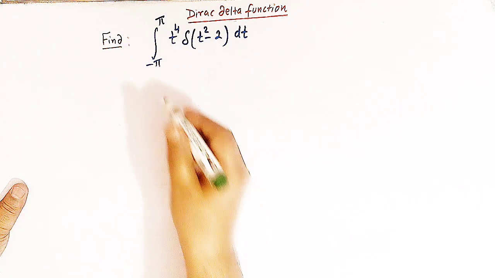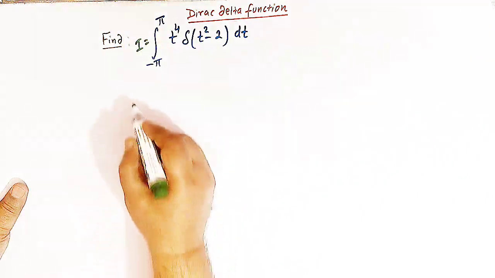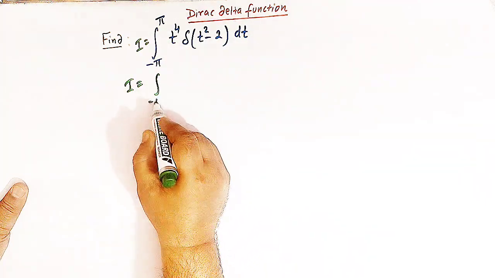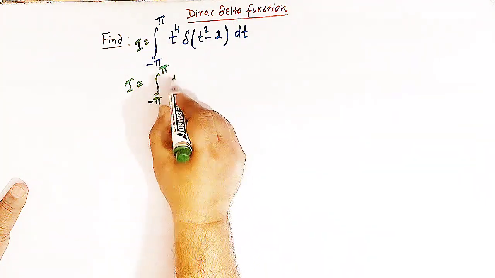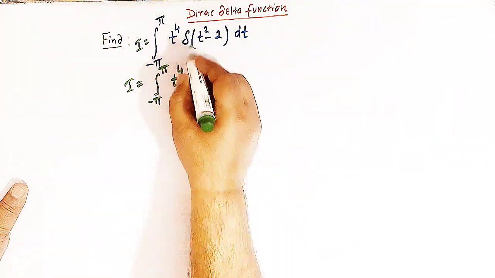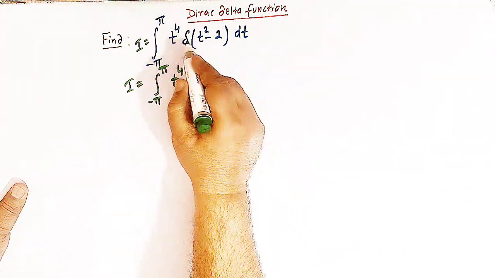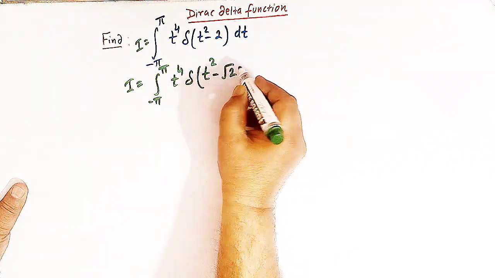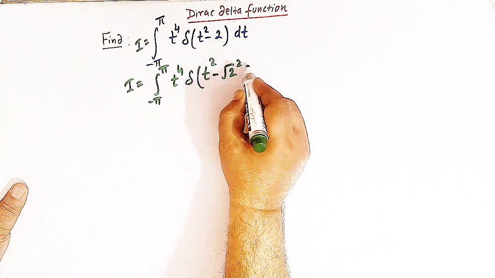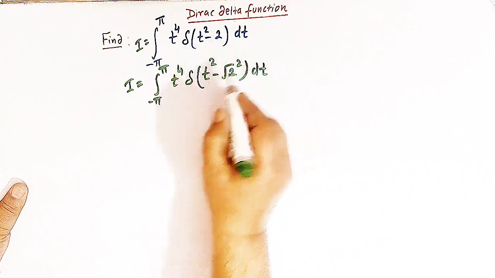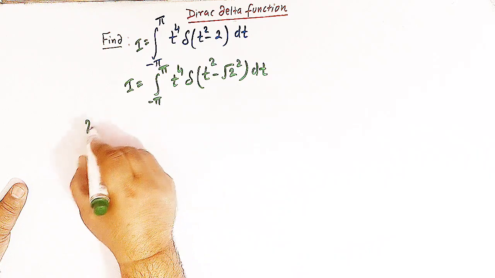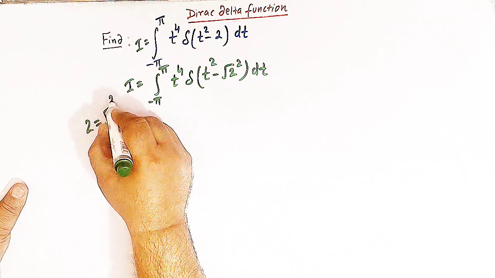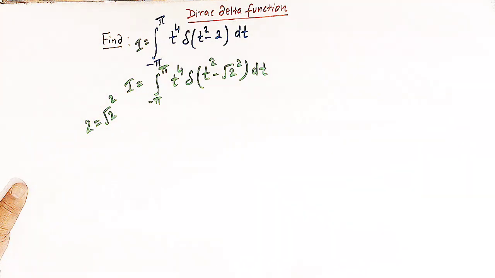So let us first call this integral as I, and we can write this integral as minus pi to pi, and here we have t raised to 4, and here we can write this delta function as t square minus the square root of 2 squared, right? So here we have used this fact that 2 is equal to the square of under root of 2, right?